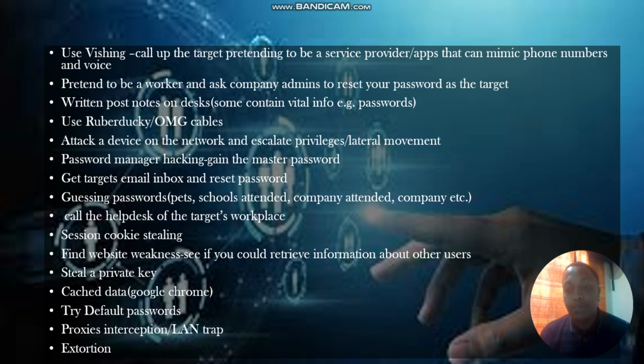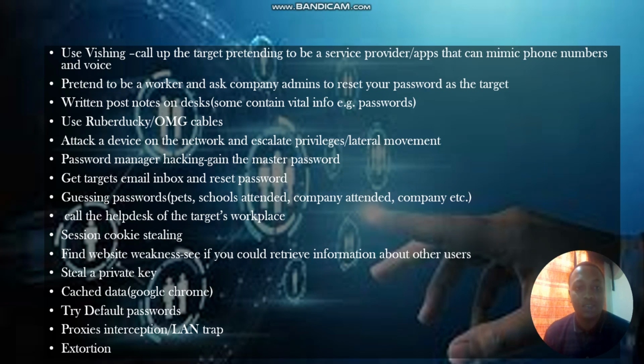So people will try to pretend to be workers in that company, and they call you using the phishing technique. They're going to call you as a company admin and tell you to reset their passwords. And it is very possible using this mimicking of phone numbers and voice. It works perfectly.